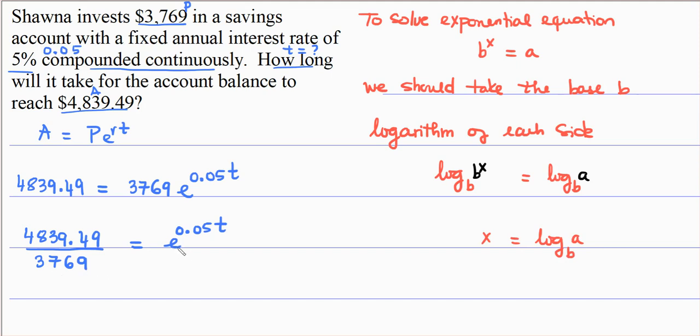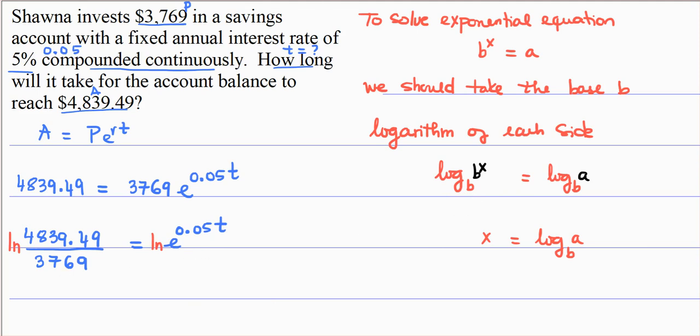So we have to take log base e of both sides. Log base e, the shortcut is just natural log. So I'm going to go ahead and take natural log. Again, natural log is the shortcut of log base e, so in this case the base is e, then log base e.